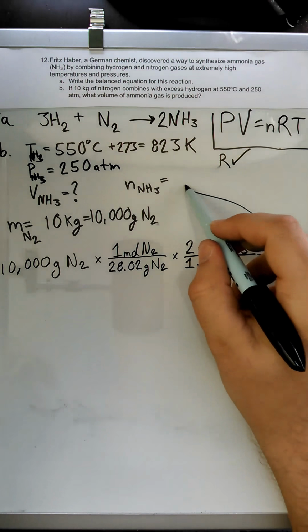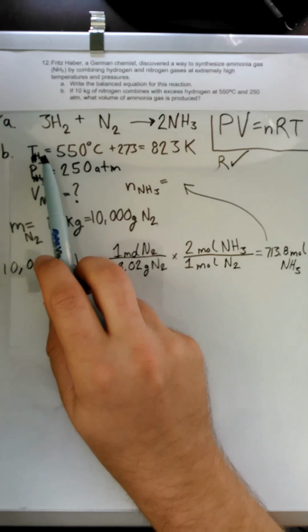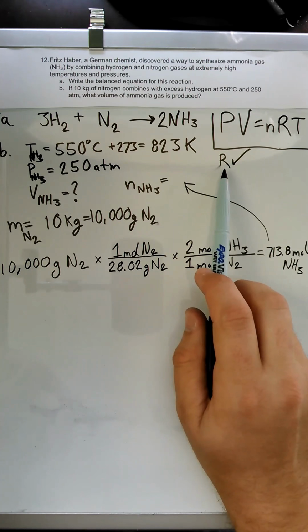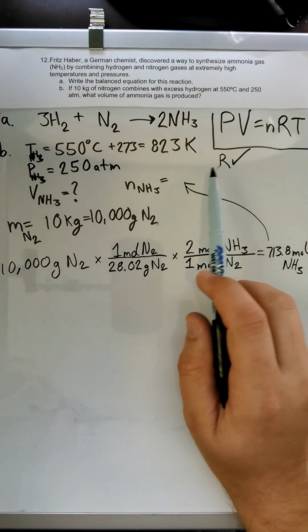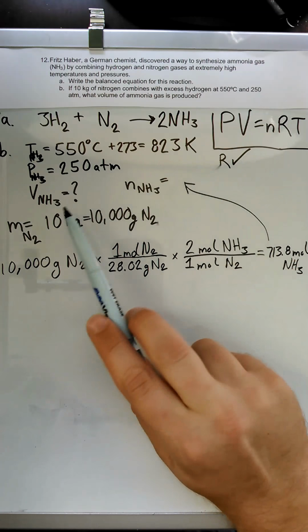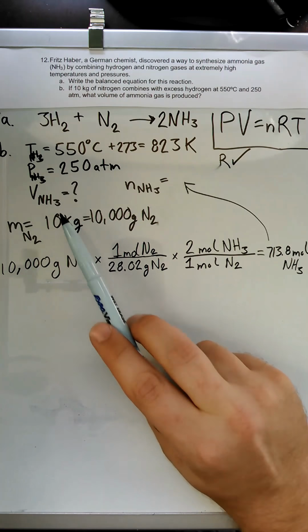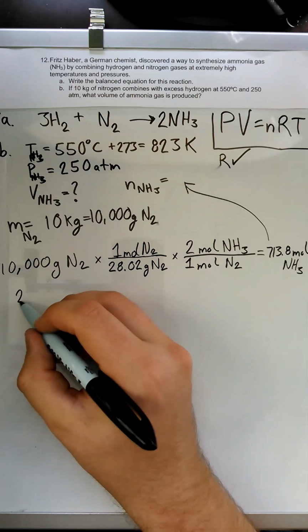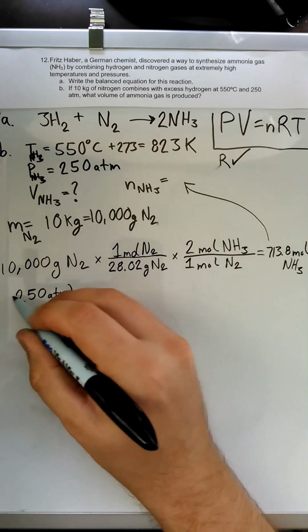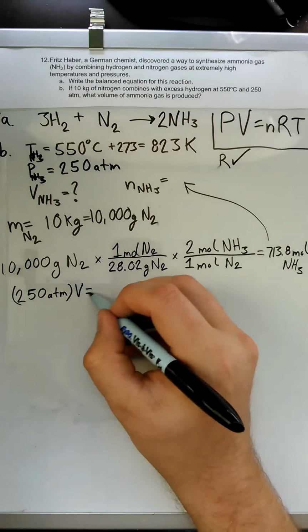So we now have our temperature, pressure, number of moles, and we always have R constant for ammonia. We can simply plug those into our PV equals nRT ideal gas law formula to solve for the volume of ammonia. So when we do that, we have 250 atmospheres for our pressure. We're solving for volume.